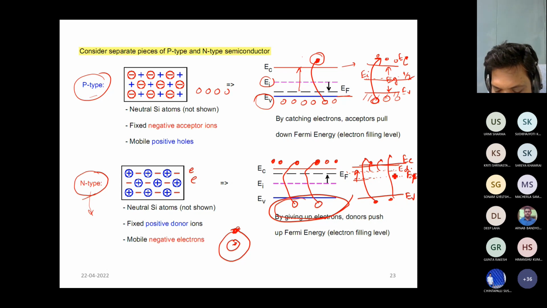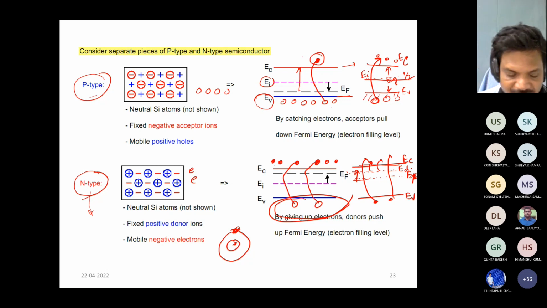So that's why they jump more easily, and all the donor atoms provide electrons to the conduction band. This is the explanation in terms of the band diagram. All the things you should understand clearly so that you can explain it properly. What I told, can you understand?